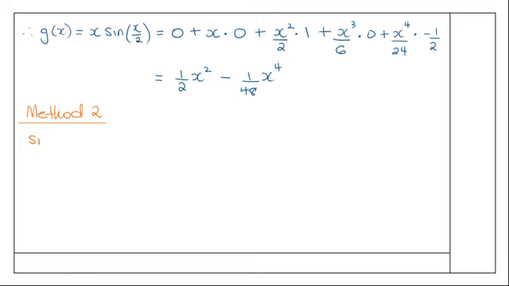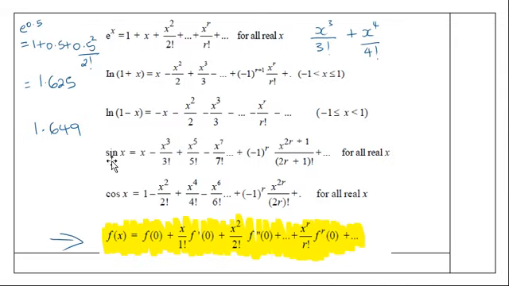So sine of x over 2, according to the Maclaurin series, let's look back at the formula sheet. The expansion you're given is for sine x.